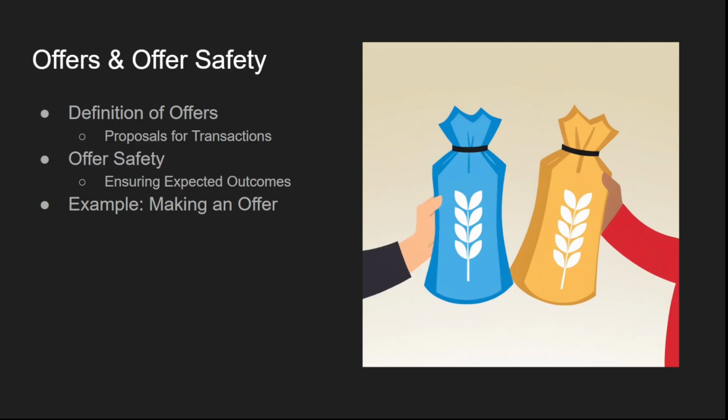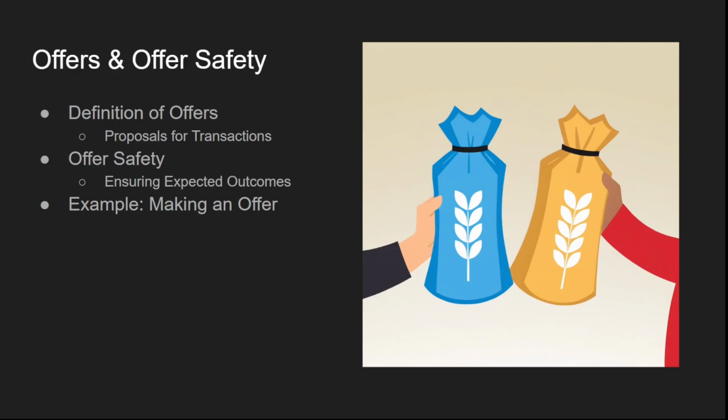Let's consider an example to illustrate how offers and offer safety work. Suppose that Alice wants to buy digital artwork from Bob for 50 USD coins. Alice makes an offer to Bob's smart contract, specifying that she is willing to pay 50 USD coins in exchange for the digital artwork.